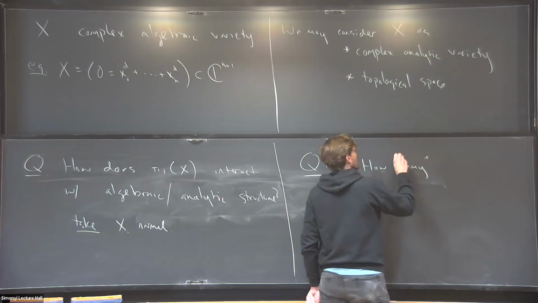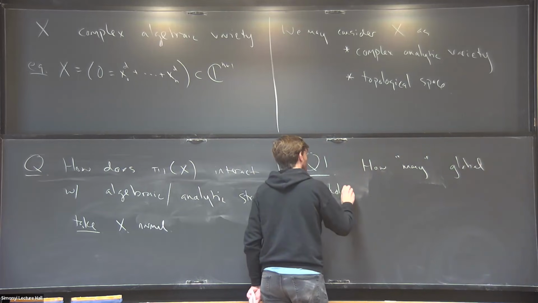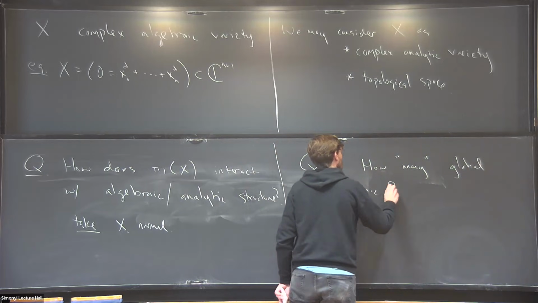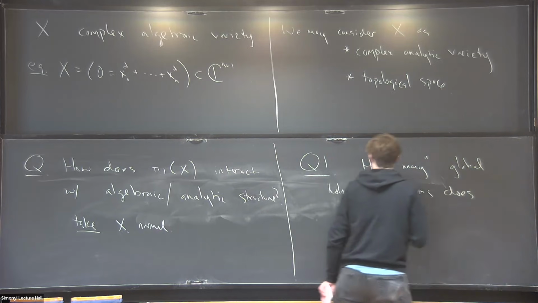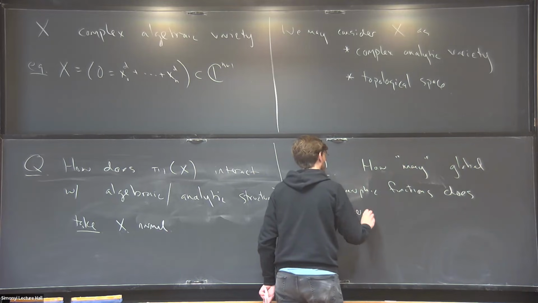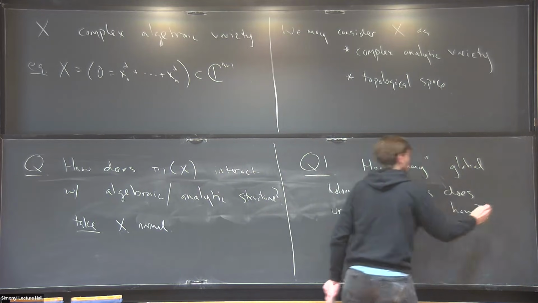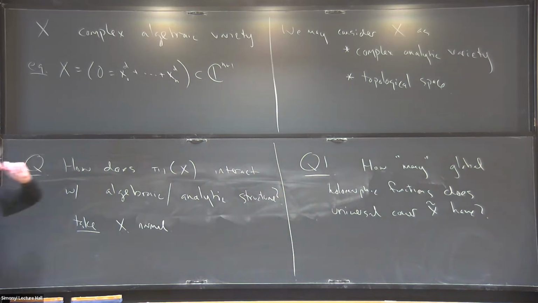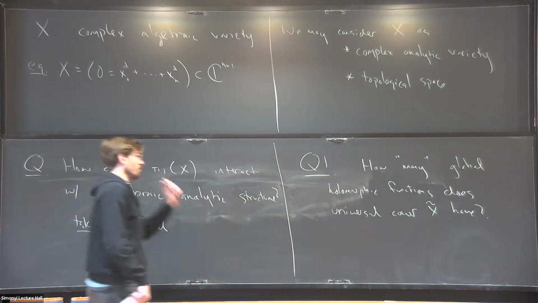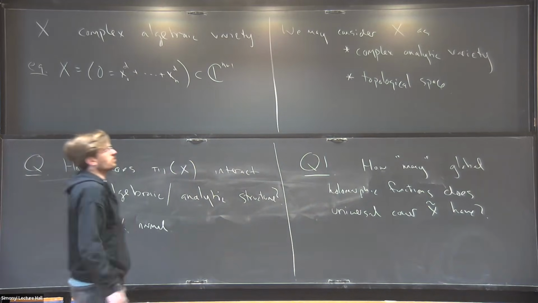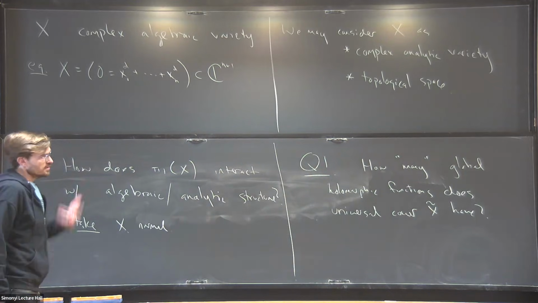Put "many" in quotes. This is purely a question about X tilde as a complex analytic variety: how many global holomorphic functions does it have? But I'm only looking at these complex analytic varieties that arise from universal covers of algebraic varieties.